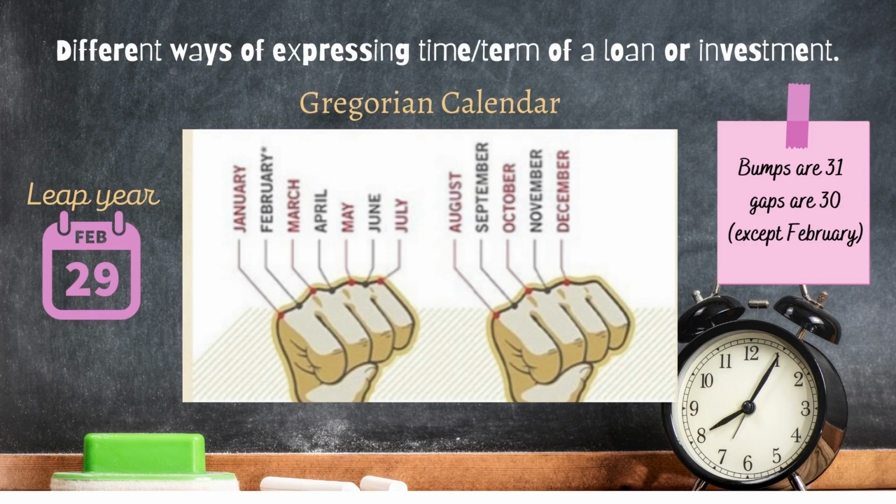If it's in your gaps, it means that month has 30 days only, like April, June, September, and November. Except for February, which sometimes has 28 or 29 days, depending on whether it is a leap year.